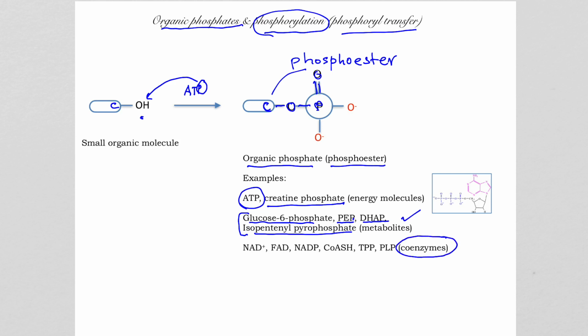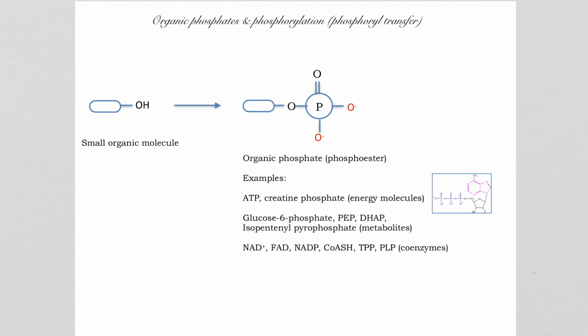These are molecules needed by certain enzymes, very important in metabolism: NAD, FAD, NADP, coenzyme A, thiamine pyrophosphate, PLP, and so on. Many coenzymes are basically organic phosphates. So they are very common in our cells.